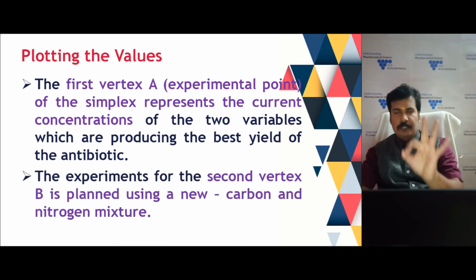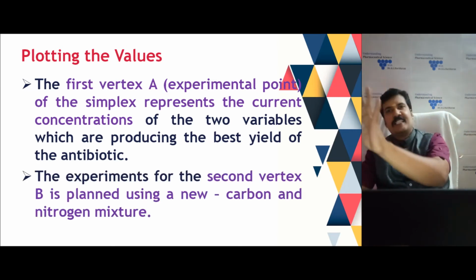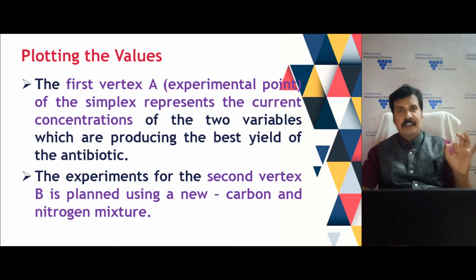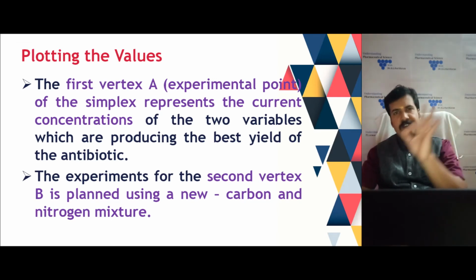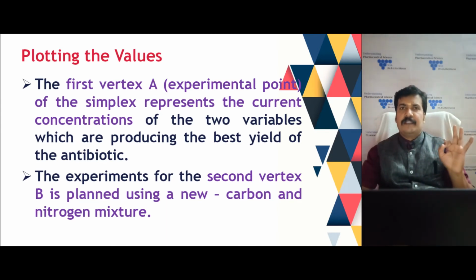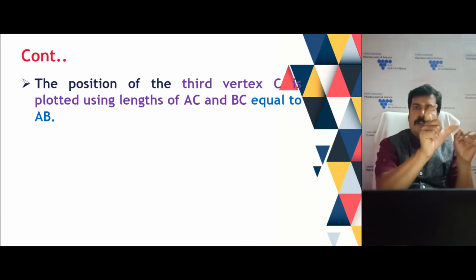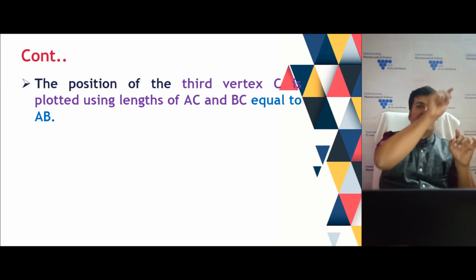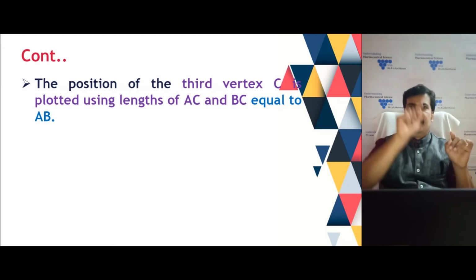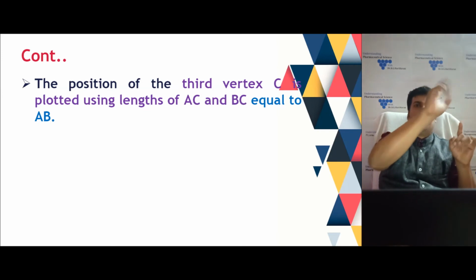Based on this, I am selecting a second point, point B, which is a new set of carbon and nitrogen source. Then I will perform an experiment and get a reading. Now from A to B, I am drawing a line, which has a particular distance. Then from A, at the same distance, and from B, at the same distance, I keep the point C.